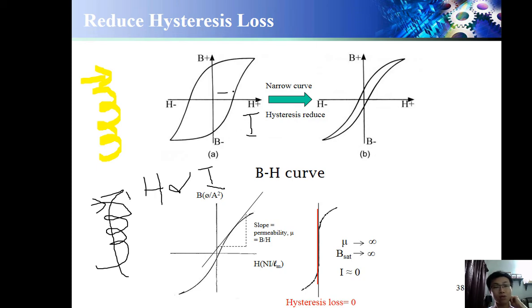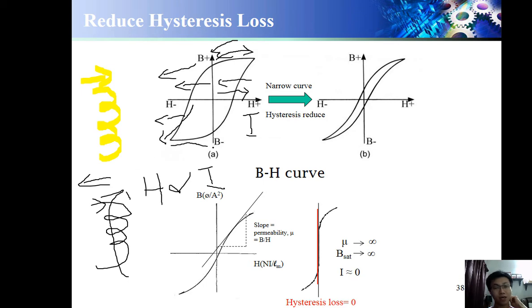If the current is positive going this side, my flux density will go to here, right? If I reduce my current, it will go down. If I increase it in the negative way, the flux density will go this way. Then I increase some more, so the flux density goes to this side.